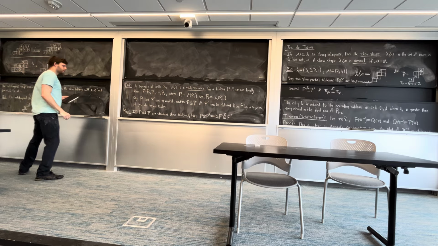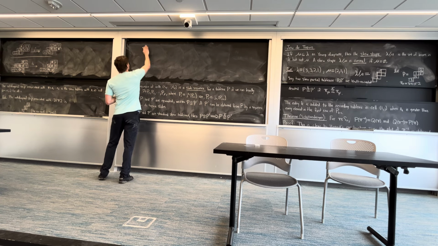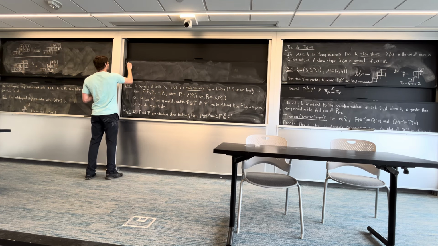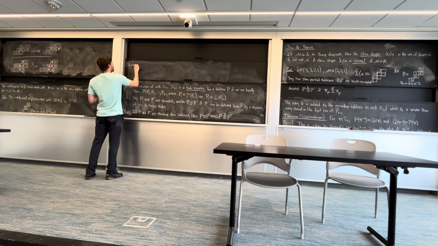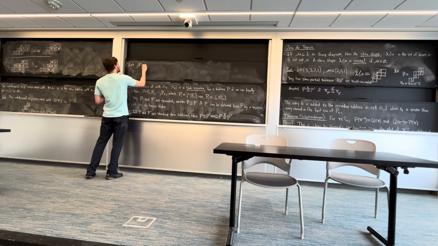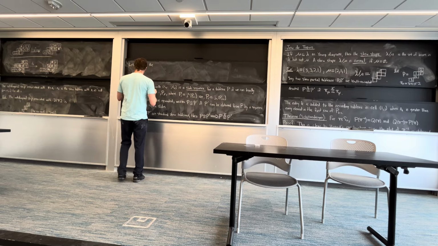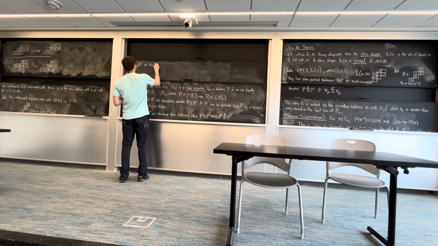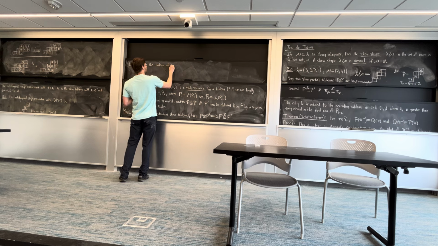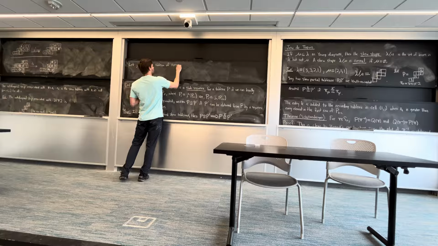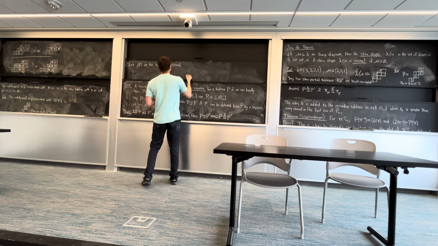So I'm going to let J of P be the tableau of normal shape, so normal in that sense, so it's not actually skew.